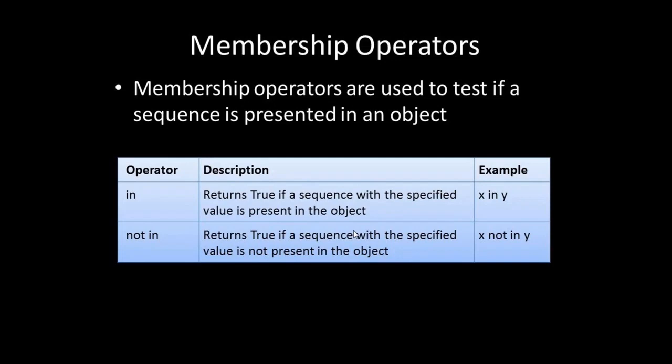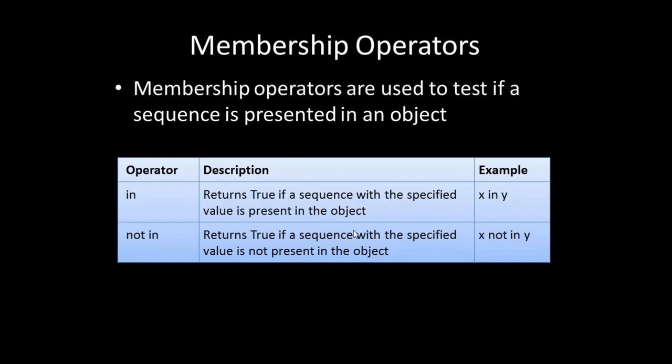Let me tell you another example. Let's say you have a dictionary with keys. Assume these keys are nothing but the registration numbers of the students. Again, a student ID is given and you want to check whether that student is already registered, or whether that is a valid registration ID or not.